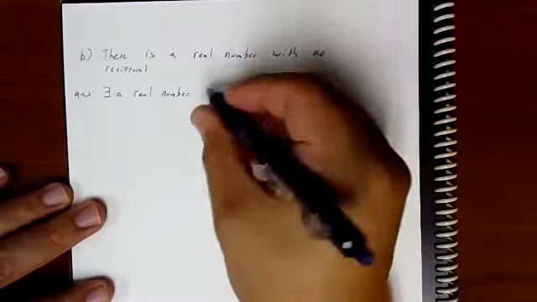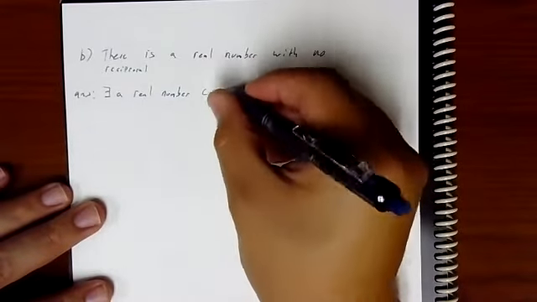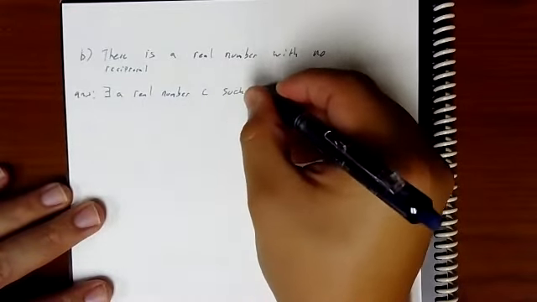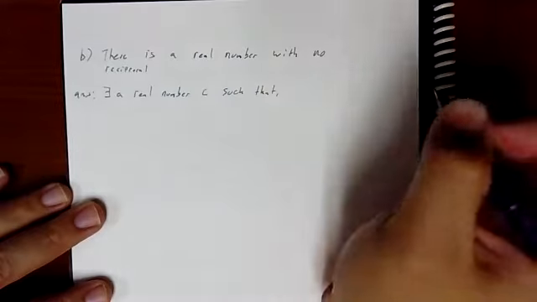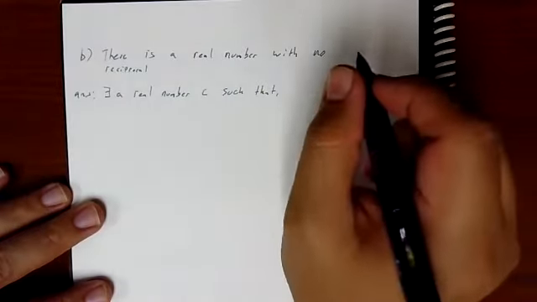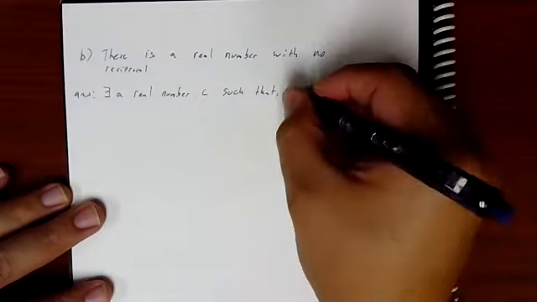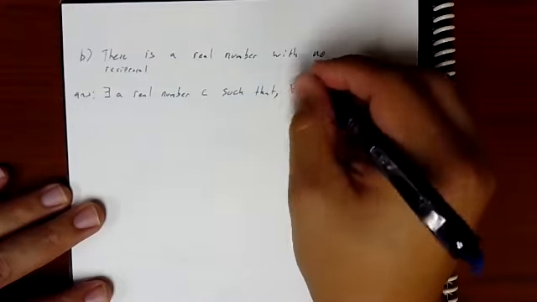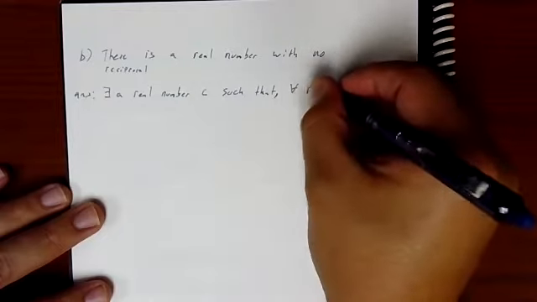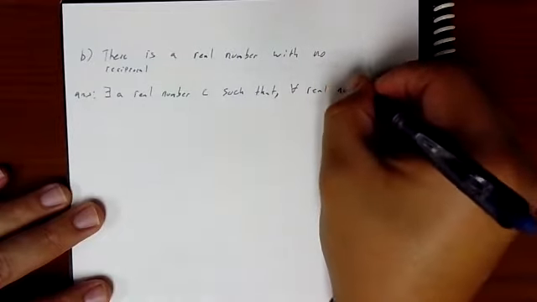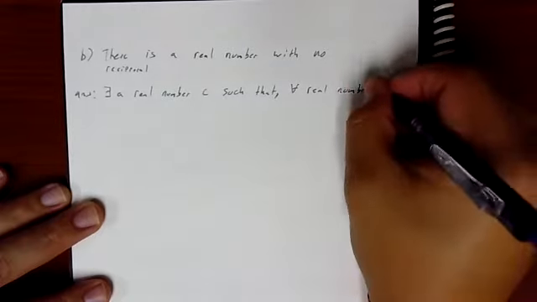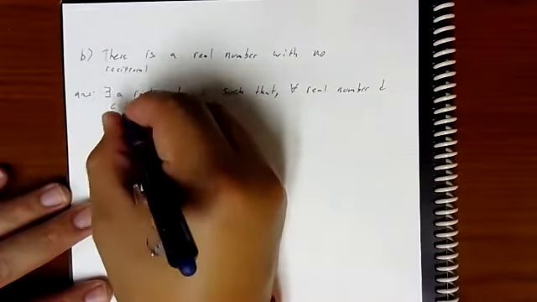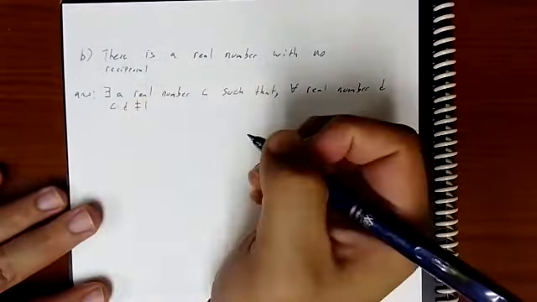There exists a real number c such that for all real numbers d, c times d is not equal to 1.